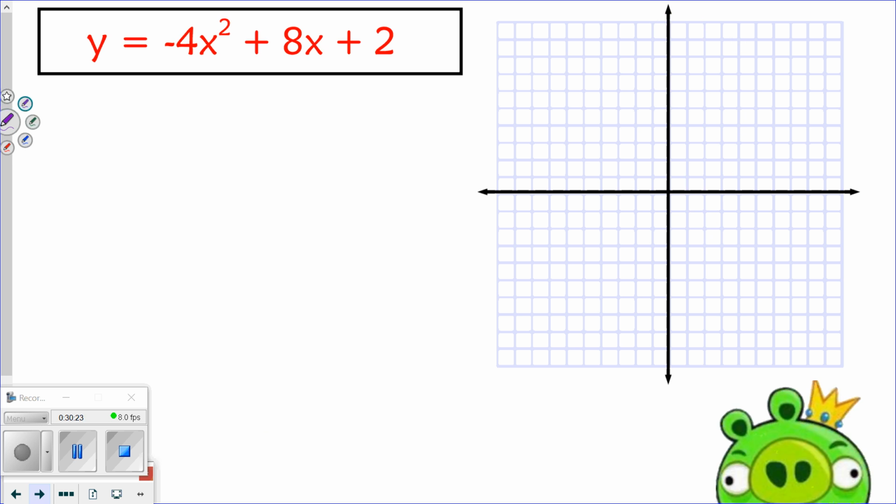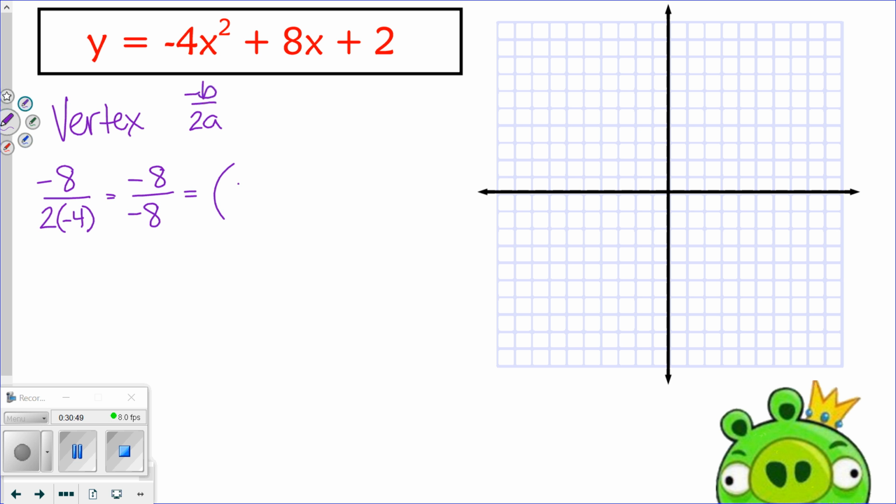All right, so negative 4x squared plus 8x plus 2. First thing is always find your vertex. So that's the negative b over 2a. Negative b is negative 8, over 2 times my a, which is negative 4. That gives me negative 8 over negative 8, which is 1.